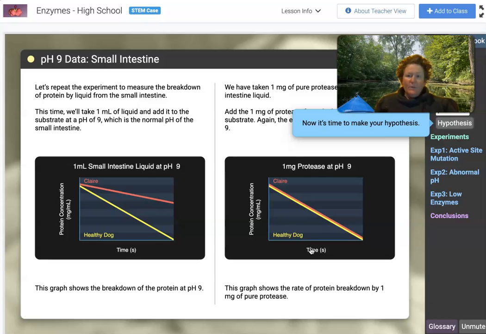Now, it's important to understand the difference between these 2 graphs and these 2 experiments. This is 1 milliliter of liquid from the stomach. So 1 milliliter of healthy dog liquid versus 1 milliliter of Claire's liquid. Here, they purified the protease, the enzyme, so they have 1 milliliter of enzyme, so it's a more concentrated situation, and they're both the same.